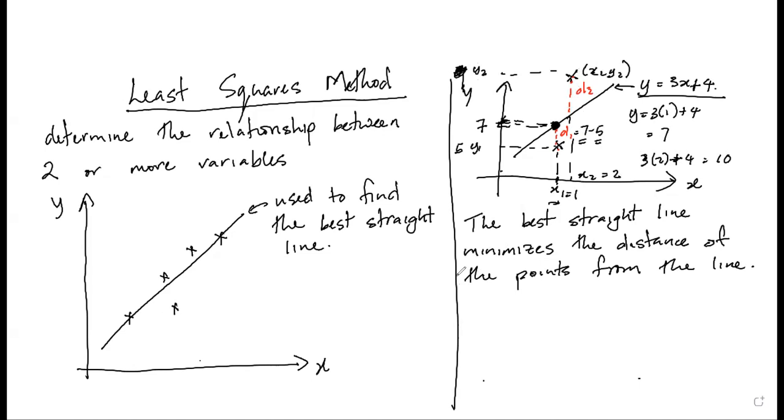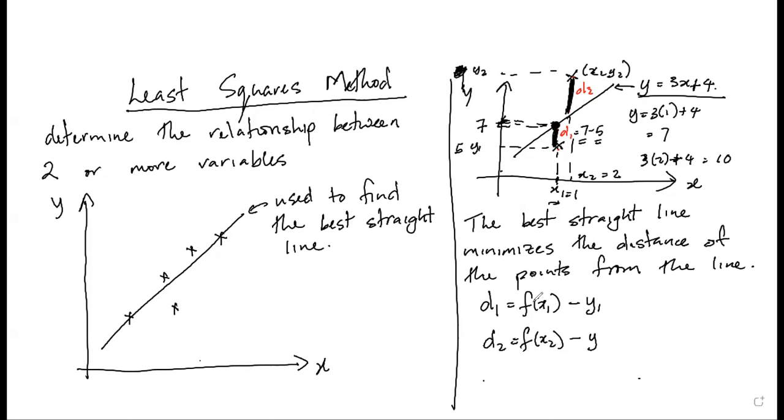So now I'm writing a general relationship. d1 is equal to whatever the function is at x1 minus the y value. This is the distance that we want to find. And this distance, d2, is f(x2) minus y2.